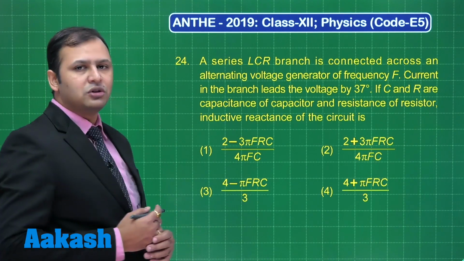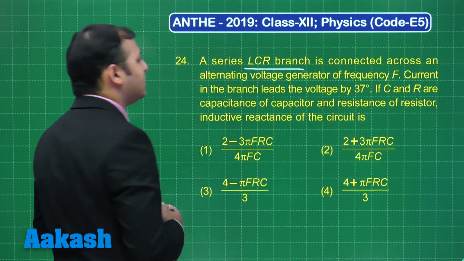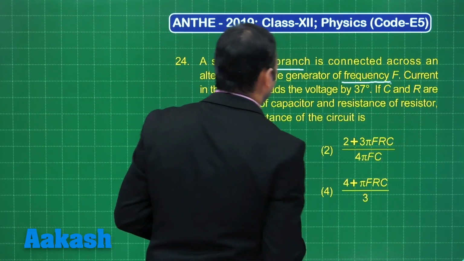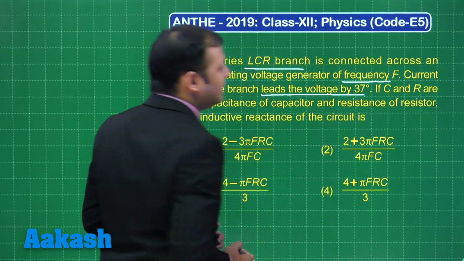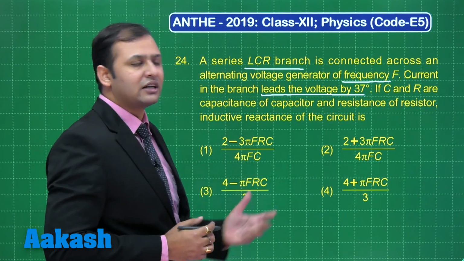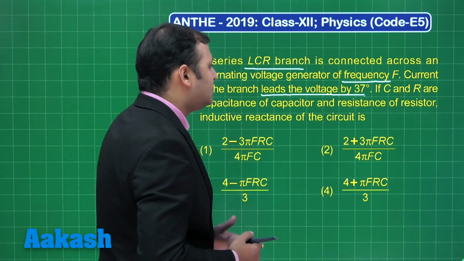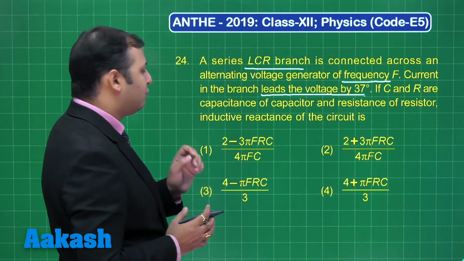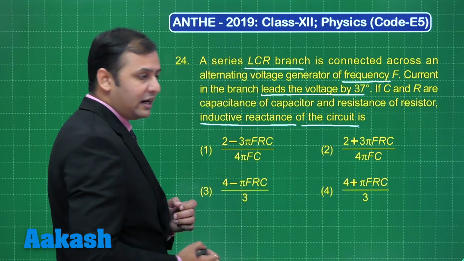Now here in this question you see a series LCR branch is connected across an alternating voltage generator of frequency F. Current in the branch leads the voltage by 37 degrees. That means capacitive reactance is greater than the inductive part. If C and R are the capacitance of capacitor and resistance of resistor, we have to find the inductive reactance of the circuit, right?